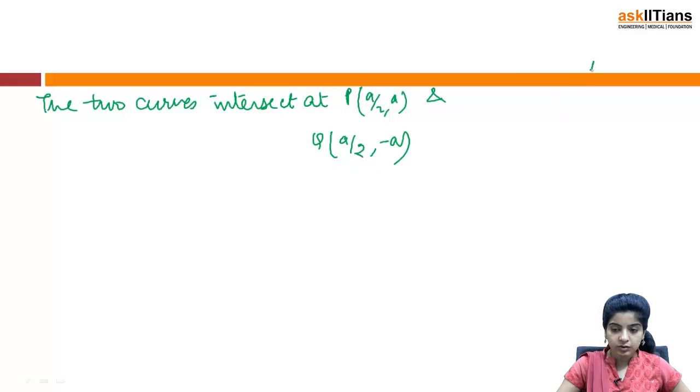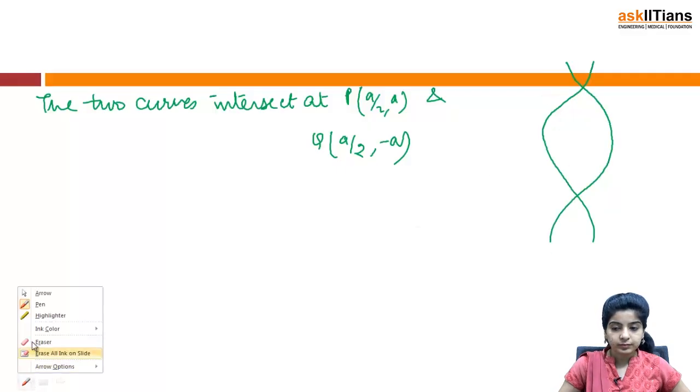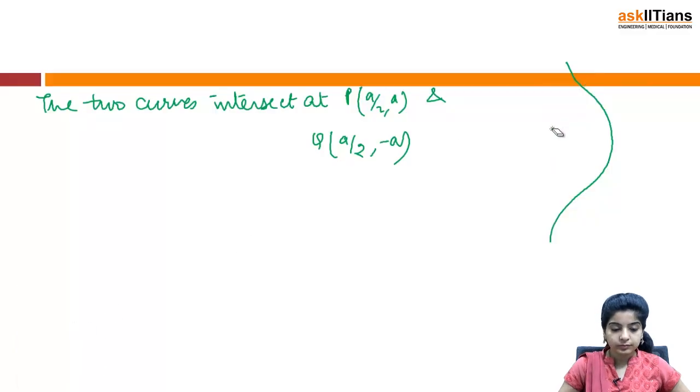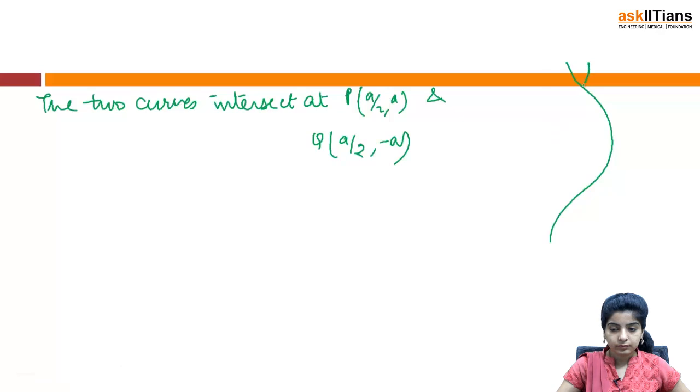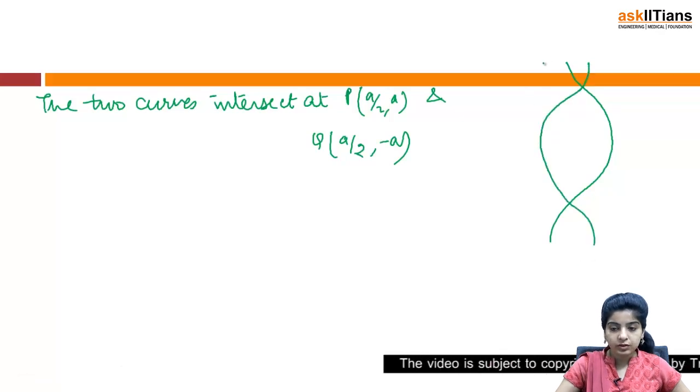The curve would look something of this form. Then you'll have something of this form, and this is my origin.